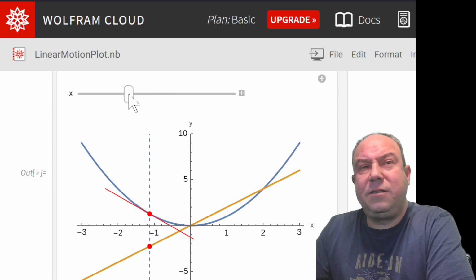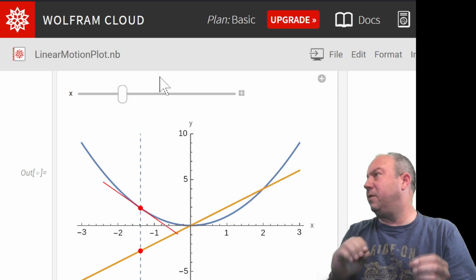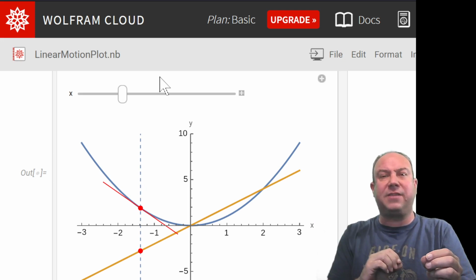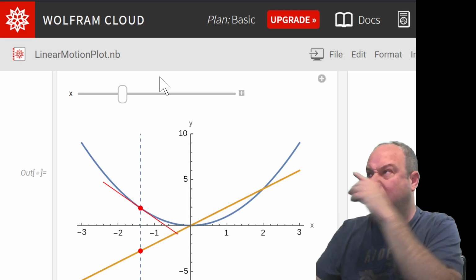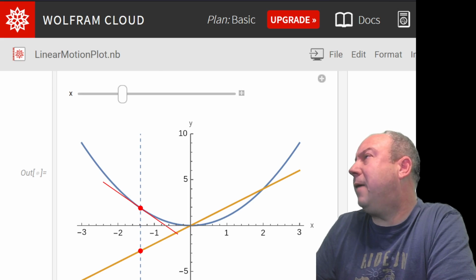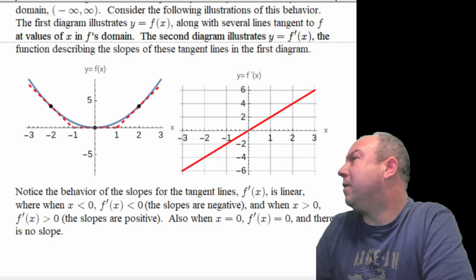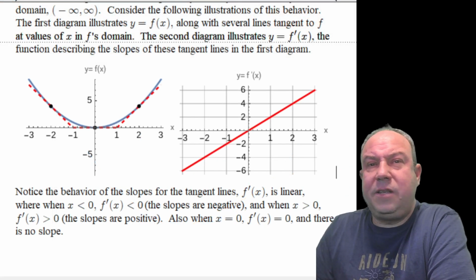So this little manipulative here that I'm changing the values of x in is illustrating, I hope, the static information being given in this table seen here.